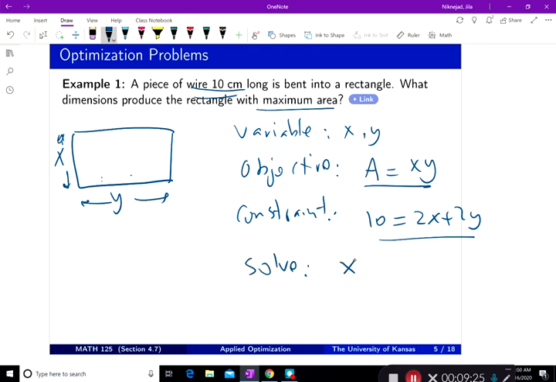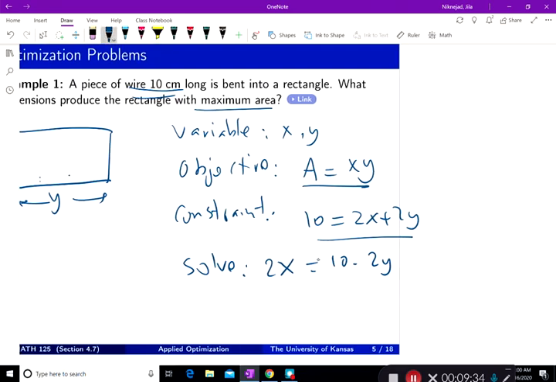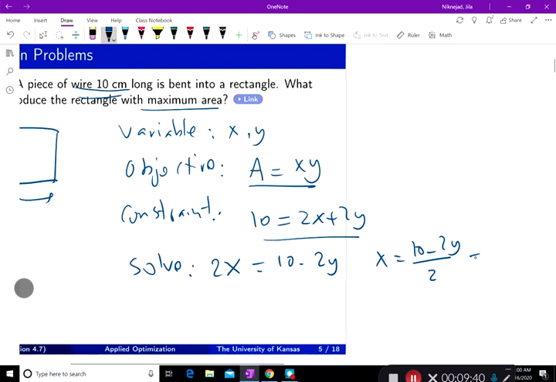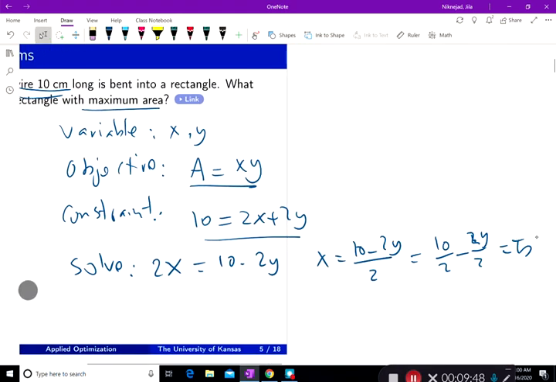And so 2x is equal to 10 minus 2y, and therefore x is going to be (10 minus 2y) divided by 2. That is 10 divided by 2 minus 2y divided by 2, which is 5 minus y.